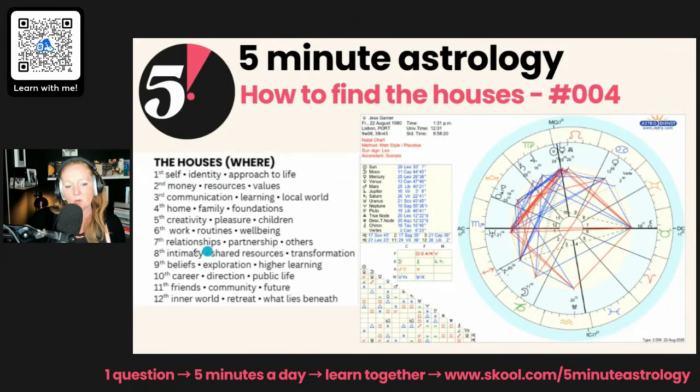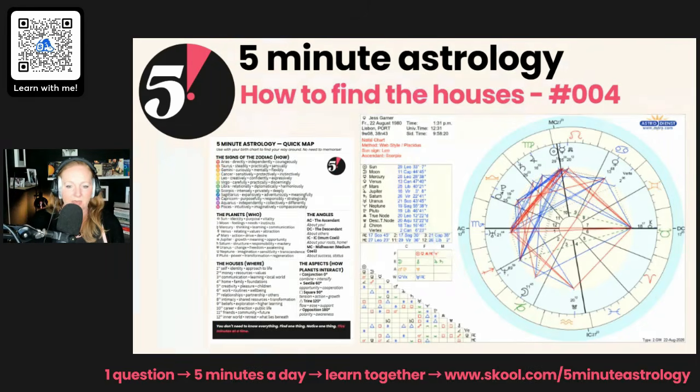The seventh is all about your relationships and partnerships and others, but also their approach to life. So you see, they are like two wings on a butterfly. They are representing the left and the right. What we've learned is they describe where things are happening, how a planet is behaving, and they also show the paradoxes and what's happening here versus what's happening over there.